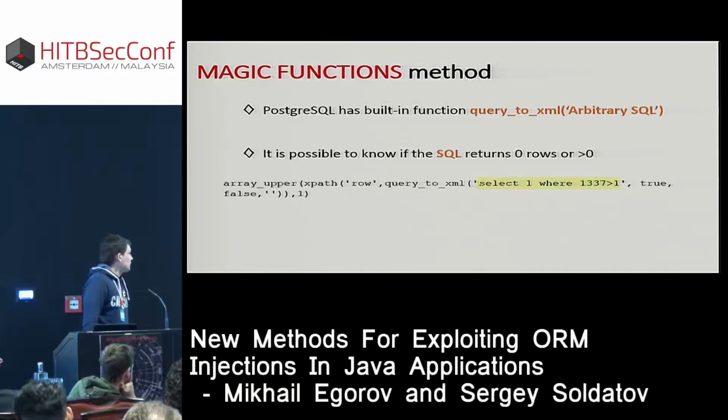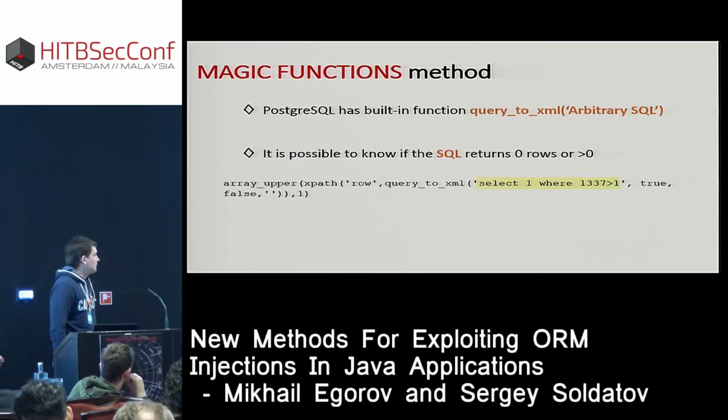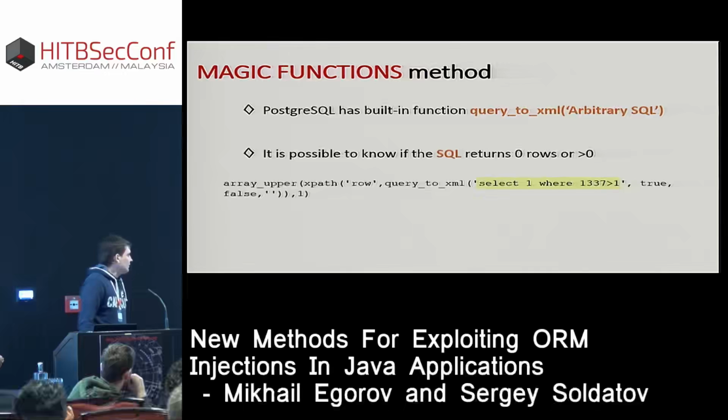PostgreSQL has a nice built-in function query_to_xml. It evaluates a SQL query from a string parameter and returns an XML object. That XML object represents the query execution results, but we cannot use query_to_xml directly in an HQL query.